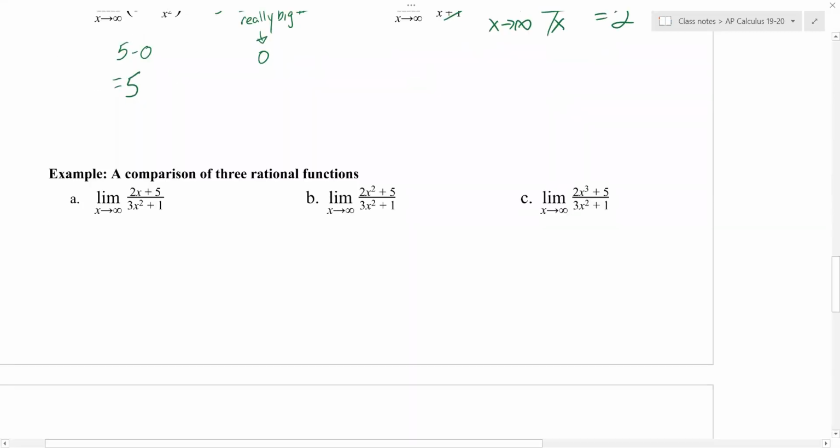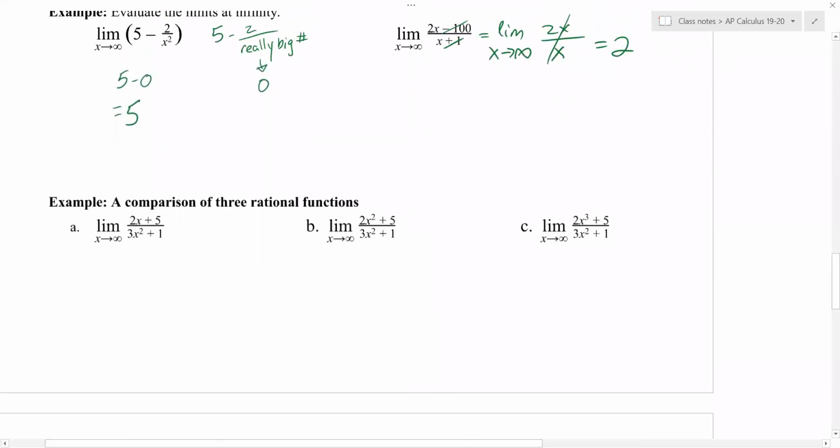Let's compare 3 different rational functions here. So here we have the limit as x approaches infinity of 2x plus 5 over 3x squared plus 1. Again, we can cancel our constant terms. Anything that's smaller than the degree that you have crosses out.